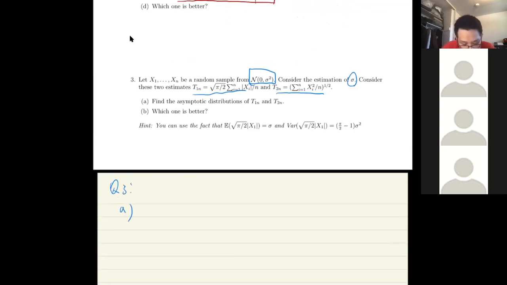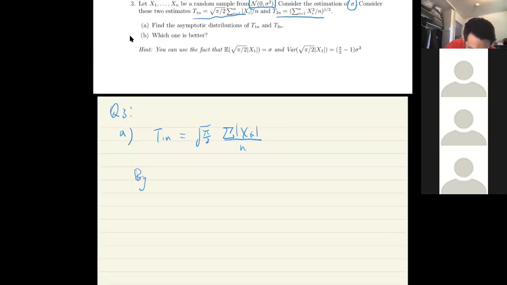The T1 is easy because you can apply the central limit theorem.